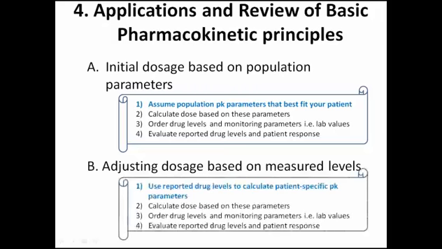We use the reported lab value and the dose to calculate the patient's exact parameter, whether it is clearance, volume of distribution, half-life, KE, elimination rate constant, or any other parameter, and we then use this parameter to calculate the new dose that we would like to use in order to achieve our goal of therapy, or our goal of a specific blood level.